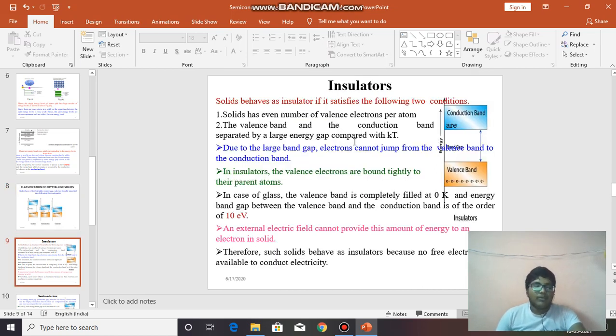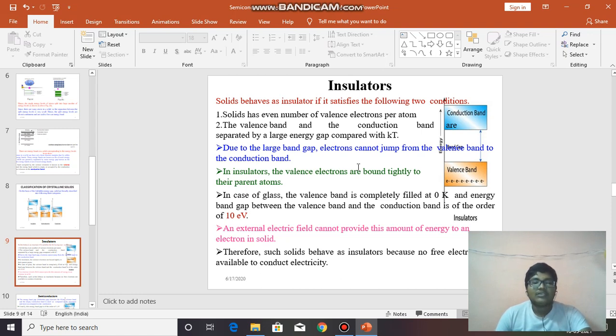Now let's discuss the insulators. Solids behave as insulators if they satisfy the following two conditions. The solid has an even number of valence electrons per atom, and the valence band and the conduction band are separated by a large energy gap compared with kT. Due to the large band gap, electrons cannot jump from the valence band to the conduction band.